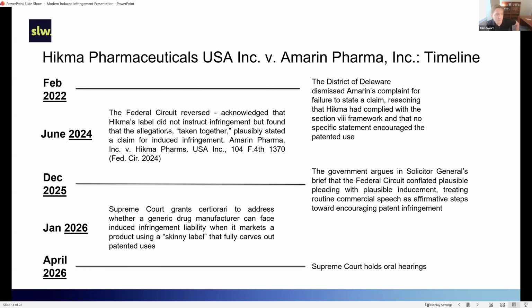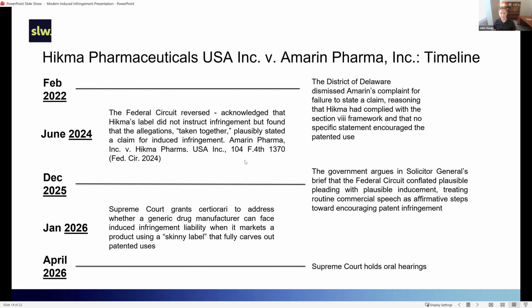The Fed Circuit, though, 2 years later, actually reversed this decision and acknowledged that Hikma's label did not instruct infringement, but found that the allegations taken together plausibly stated a claim for induced infringement. This is 2024, so only 3 years after the GSK decision.